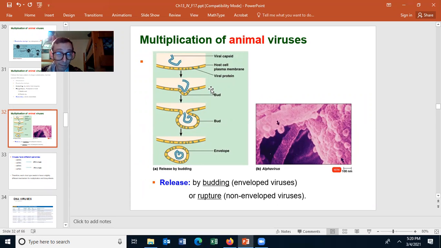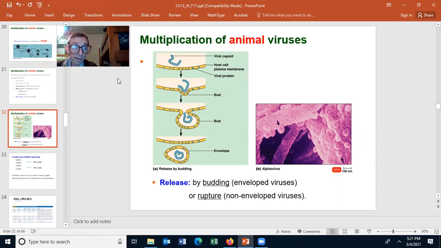The virus is replicated at low enough burden that the cell sheds them slowly in budding, and the budding doesn't take enough of the membrane to kill the cell. So usually the budding virus does not kill the cell. If this cell dies, it's from the host immune system recognizing that it is infected with the virus and then mounting an immune response on that cell, killing it to try and get rid of the virus. Any question about any of that?